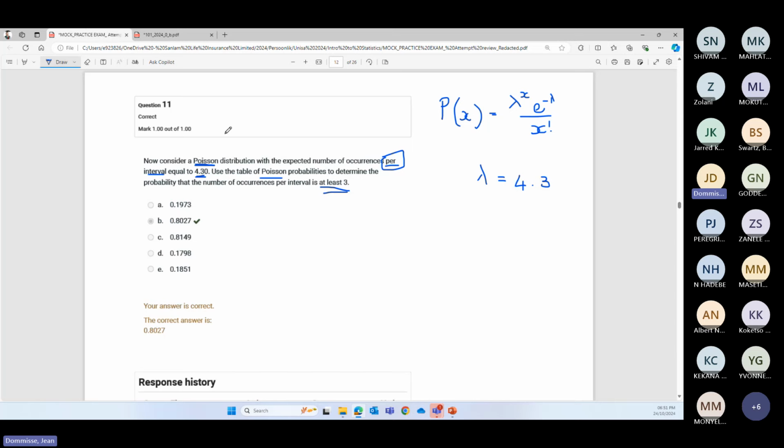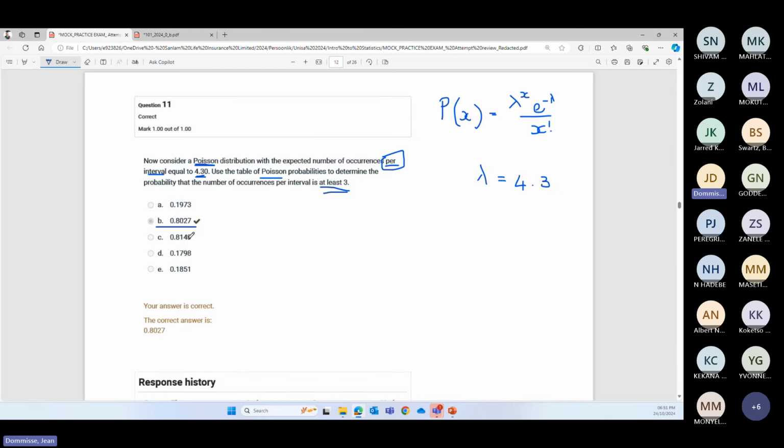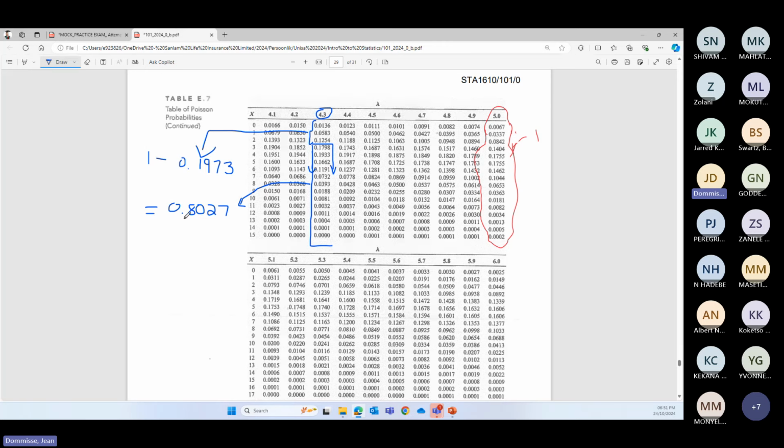Let's just see if there is 0.827. So there's also the 0.1973. So if we did the other component of saying it's less than 3, where is our number for less than 3? Yeah, so just again, be careful in how we read it, but no problem in you adding all of that together. You will also get the same answer.